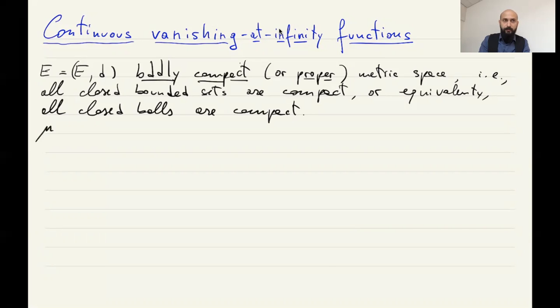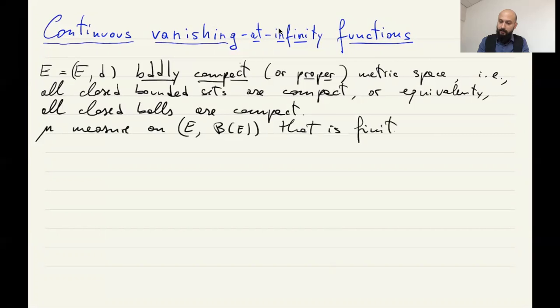We consider mu. I recall you this fact that if mu is a measure on the set E with sigma algebra given by the Borel sets, and this measure is finite on compact sets, so in our case finite on balls, then mu is sigma finite.